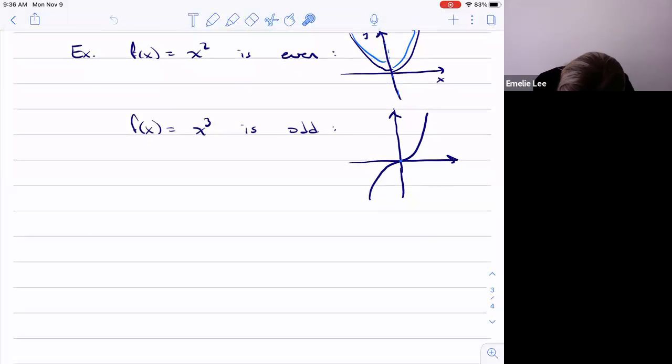So this kind of swings around. Here, I'll just do this. If that makes sense. It's not very pretty, is it?